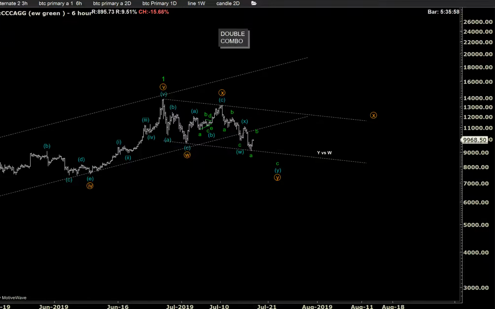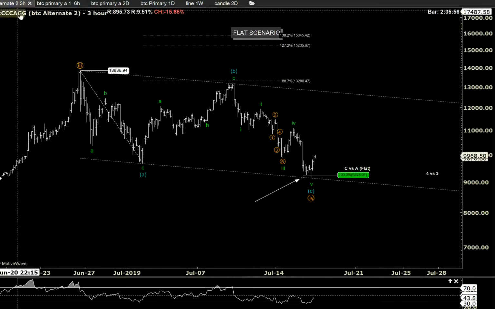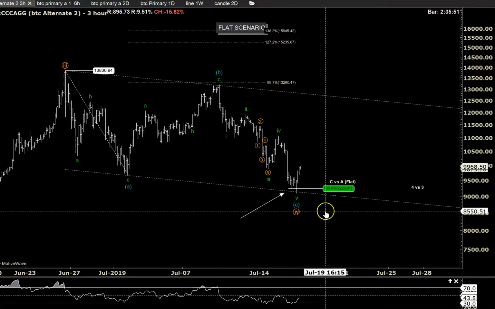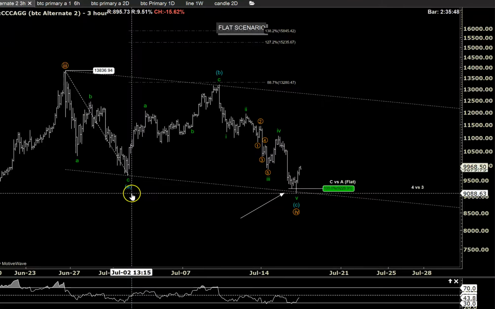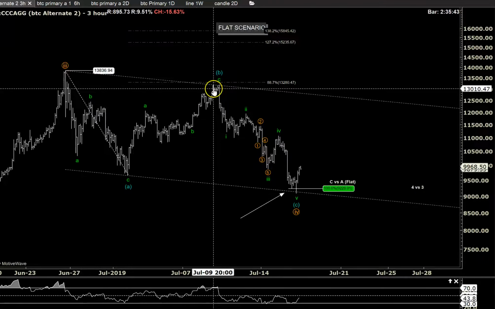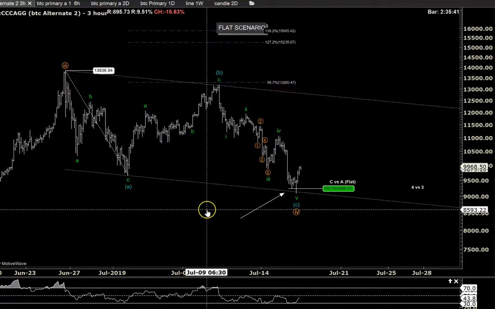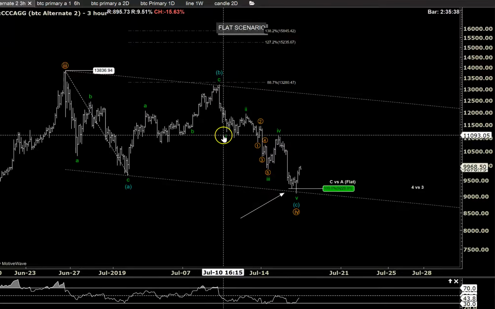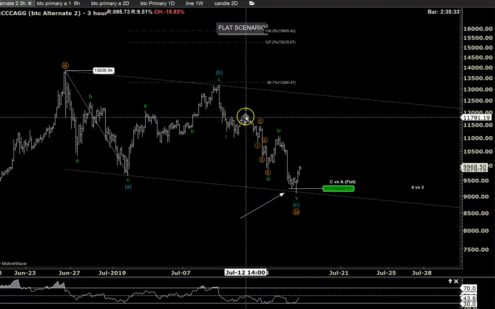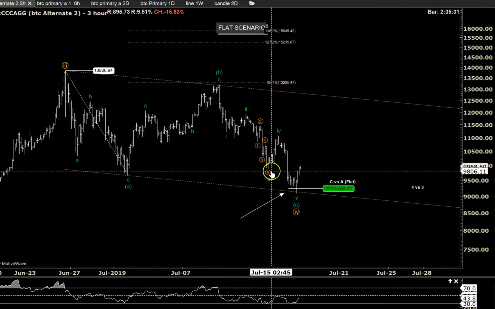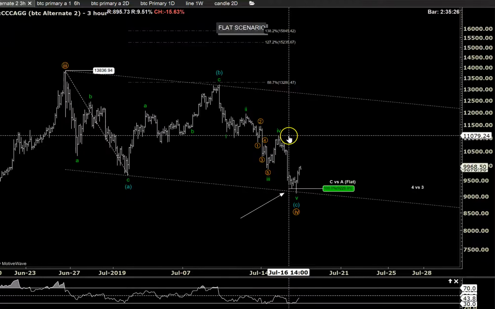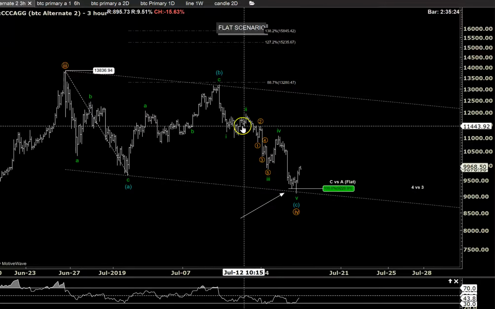So if I go to the flat scenario here, you can see how I have this as an ABC, basically a 3, 3, 5. I'm fine on this move, I'm fine on this one, and then down here I have a 1, and then a flat in 2, and then a wave 3, a little bit awkward, but it works. 1, 2, 3, 4, 5, move into 3, a pullback in 4, and you can see wave 4 doesn't go into the territory of wave 1 because this is a flat.